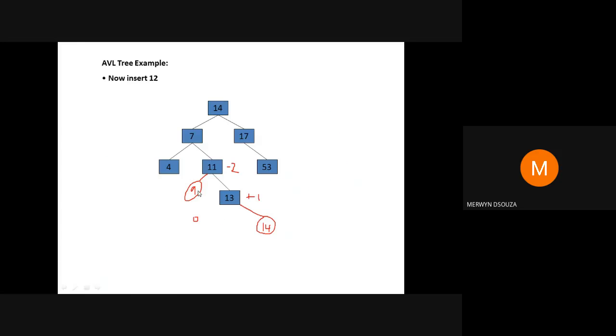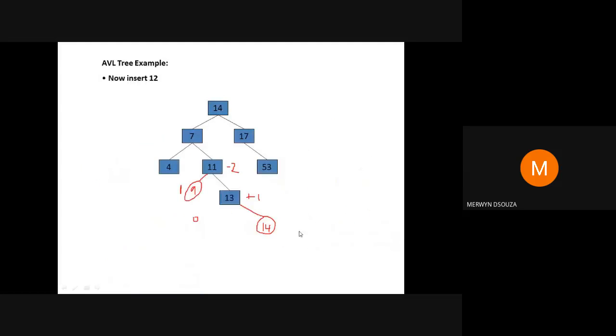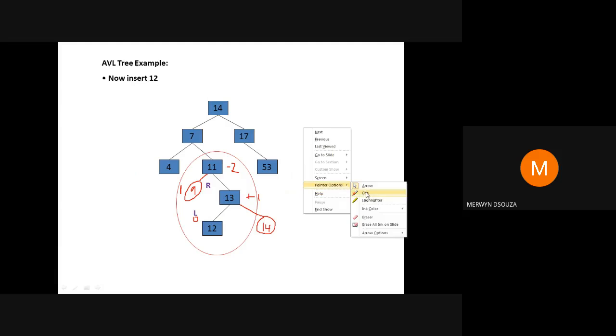So you would have labeled this 9 as 1. Similarly, 13 is your B. So what is the right child of B in your diagram? The right child of B is 4. You would have called 14 as 4.